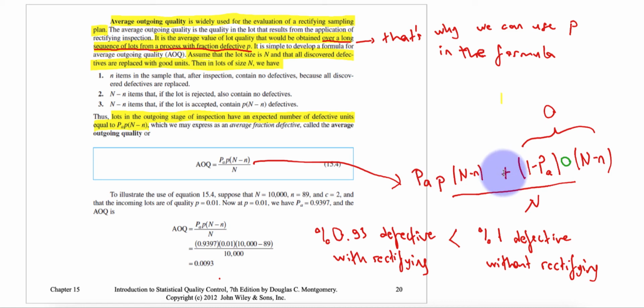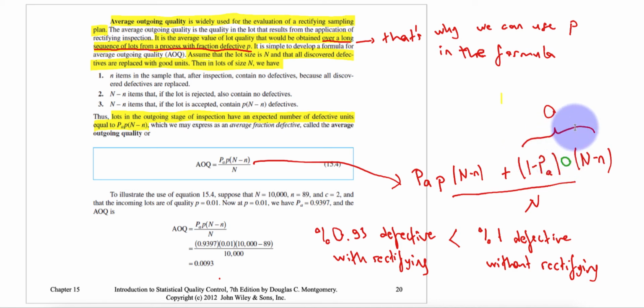And for the rest of the calculations here, we are taking some information from the rectified lots. But we know that when we correct the rejected lots, there will be no defective units in them. So the number of defective units will be 0, and the fraction defective will also be 0.